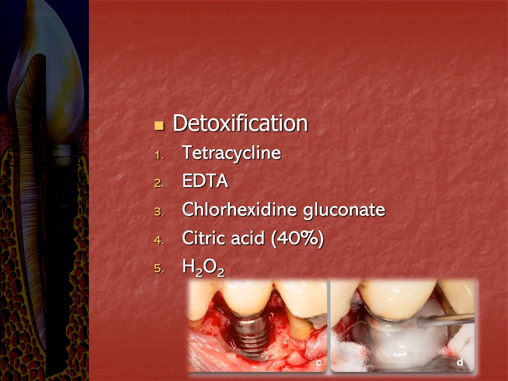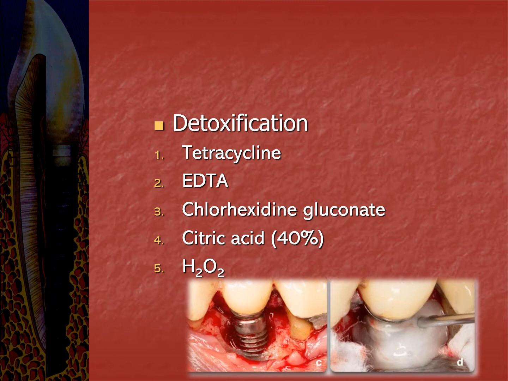Next is detoxification or decontamination by various chemicals. Tetracycline, which is bacteriostatic and a broad spectrum antibiotic, then 24% ethylenediaminetetraacetic acid, which is used to remove the biofilm. Then chlorhexidine gluconate and hydrogen peroxide, that is cotton pellets soaked in these chemicals, which can reduce the number of bacterial counts.